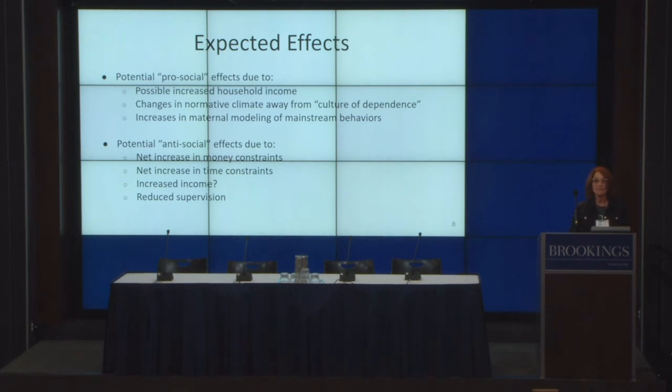It seemed like if it was a very socially positive thing for the mothers, wouldn't that be passed on to the children? And that's the increased maternal modeling of these mainstream behaviors and a change in the normative climate against this culture of dependence. And the increased household income may also have a positive impact on the kids.